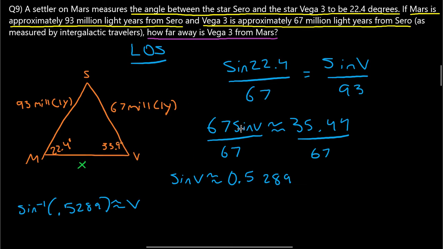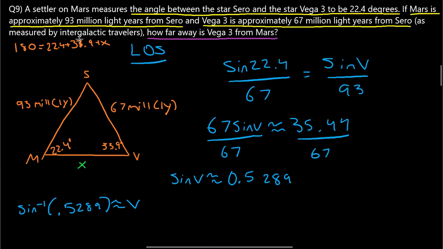And then we know that the sum of all the angle measures in a triangle has to equal 180. So 180 is equal to 22.4 plus 33.9 plus x. I'm sorry, not 33.9. It is not that.